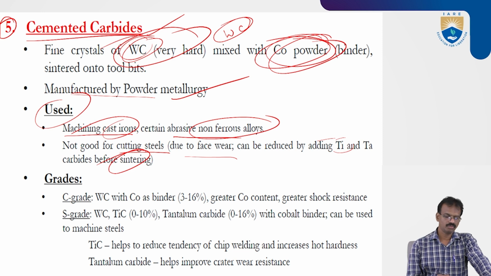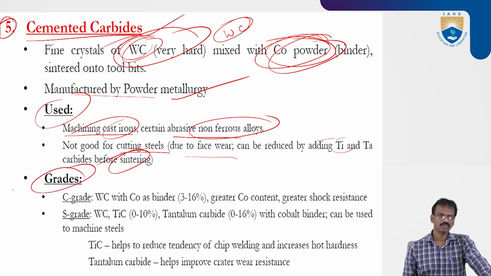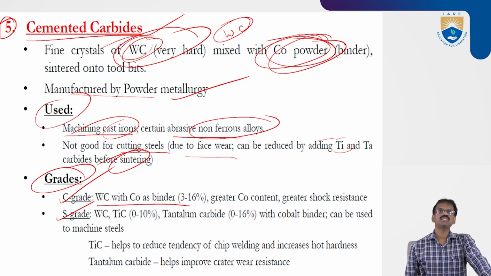Okay. So next, grading. We'll see. There are two types of grades here for cemented carbide. One is the C grade cemented carbides. Next one is the S grade. Okay. In which the composition of tungsten carbide and cobalt varies.